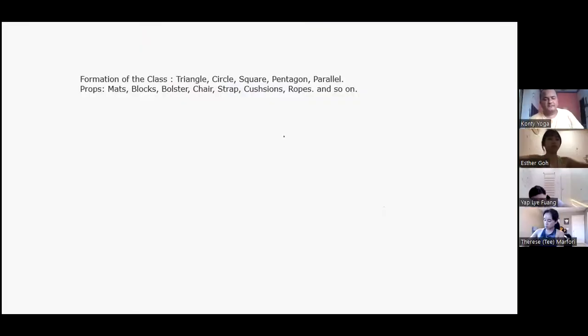The second one is demonstration. The third one is observation. And the fourth one is adjustment. Instruction.